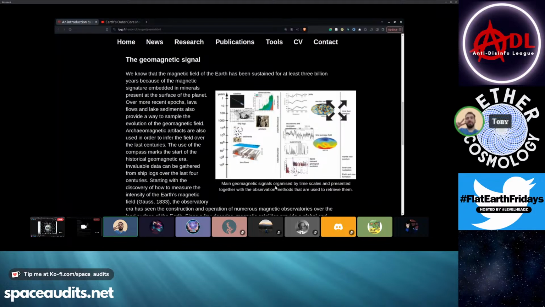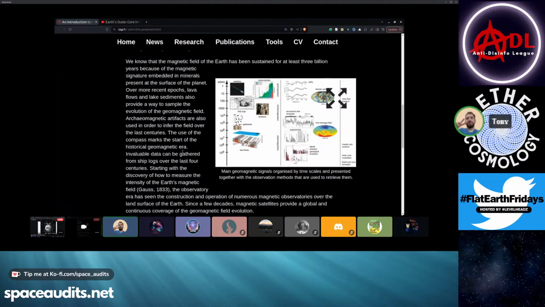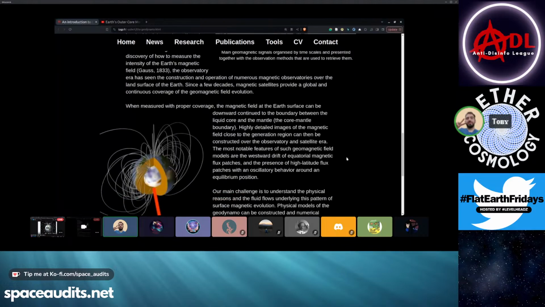Invaluable data can be gathered from ship logs over the last 4 centuries, starting with the discovery of how to measure the intensity of the Earth's magnetic field, thanks to Gauss in 1888. The observatory era has seen the construction and operation of numerous magnetic observatories over the land surface of the Earth. Since a few decades, magnetic satellites provide a global and continuous coverage of the geomagnetic field evolution.